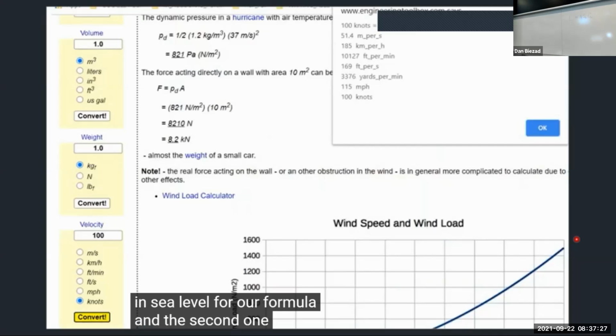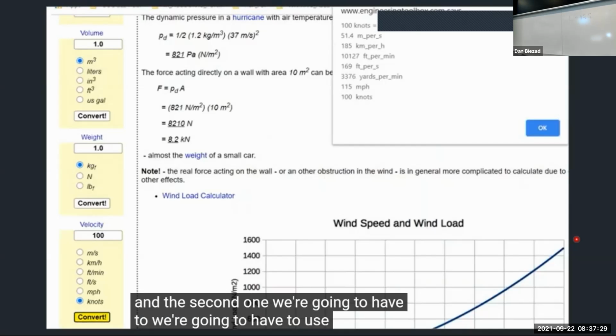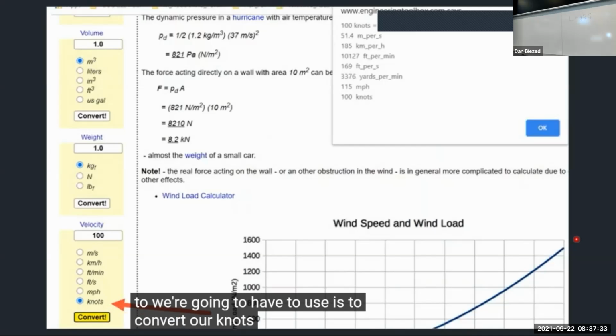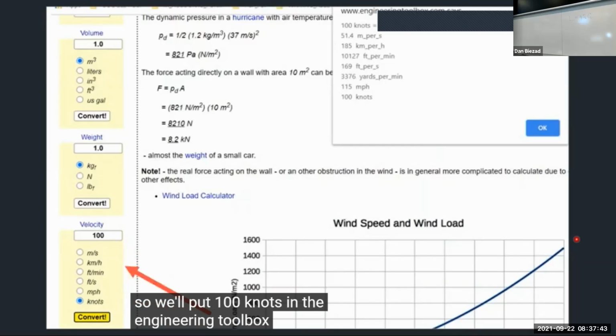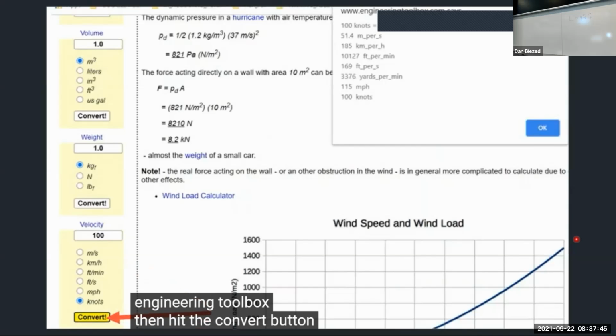And the second thing we're going to have to do is convert our knots into feet per second using the engineering toolbox. So we'll put 100 knots in the engineering toolbox, then hit the convert button.